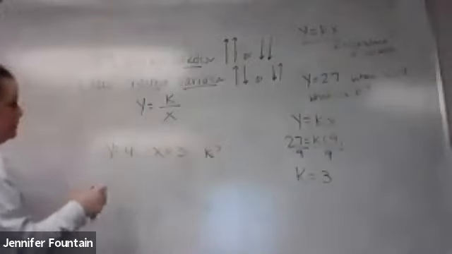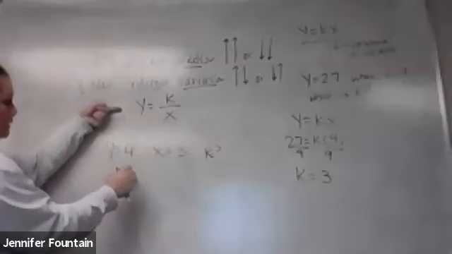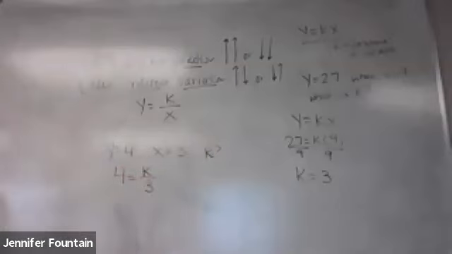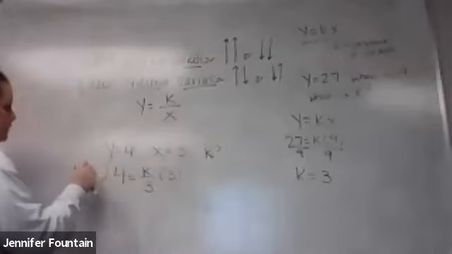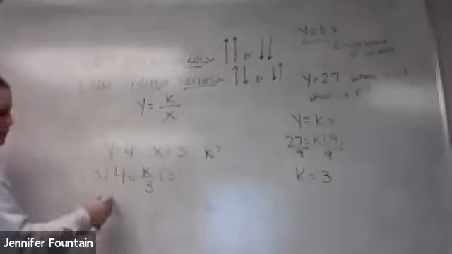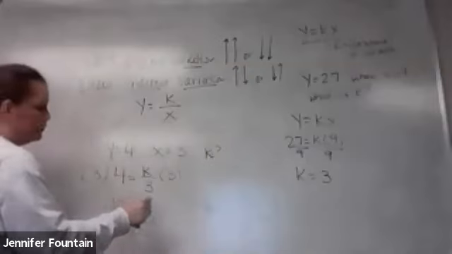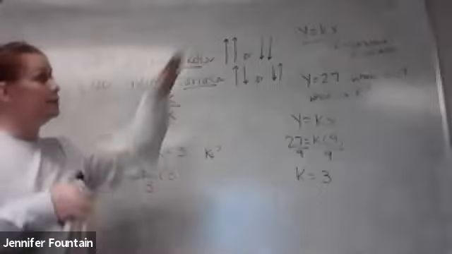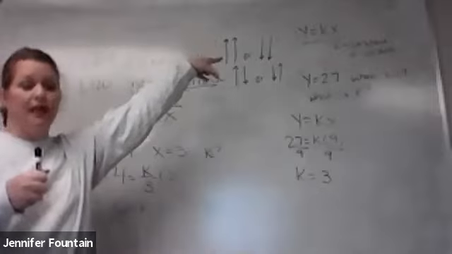What is K? So I just plug it in. 4 equals K over 3. How do I get my number out of the denominator? I've got to multiply. What's 3 times 4? 12. So what does K equal? 12. So if it's a direct variation, Y equals KX, I plug in my two, solve for K.